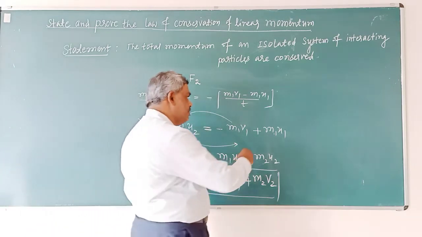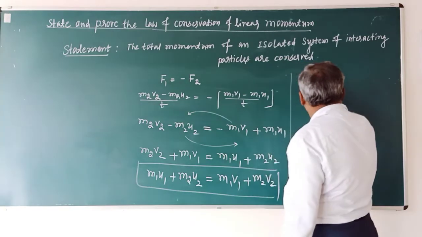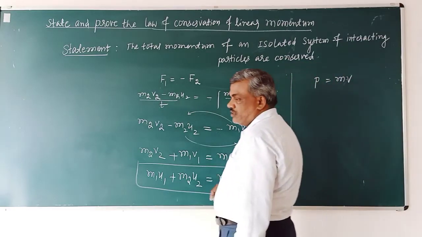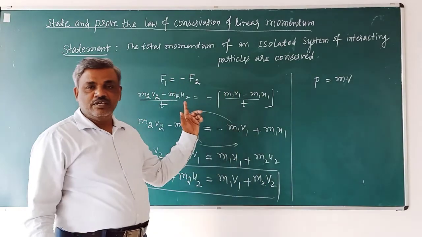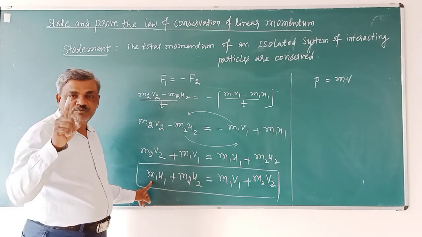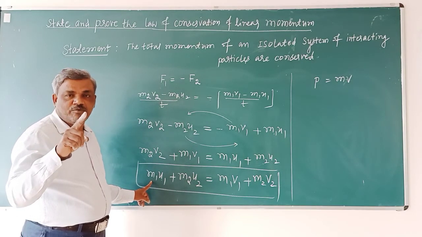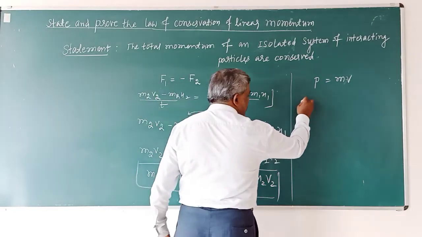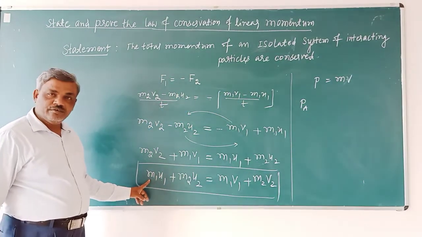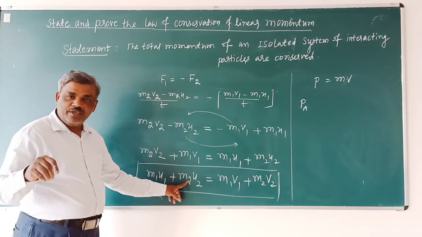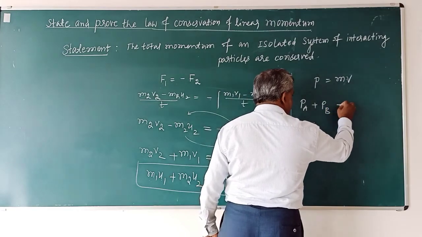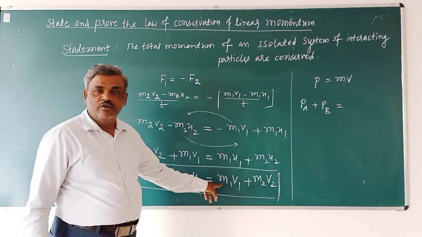The momentum formula: P equals m into v. Now the first body A of mass m1 has momentum PA, and the second body B of mass m2 has momentum PB.